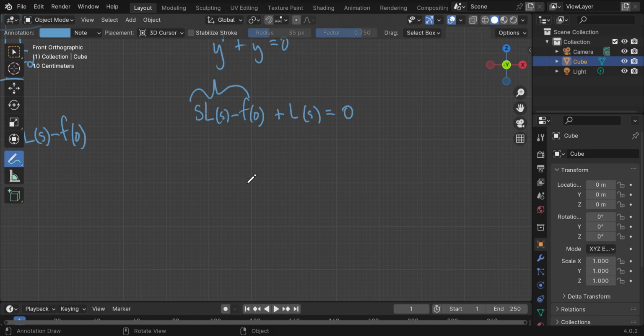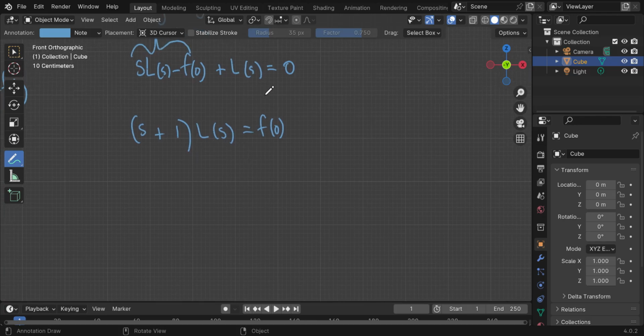So what we can do now is add f0 to both sides and factor out the Laplace transform. You end up with s plus 1 L of s equals f0.